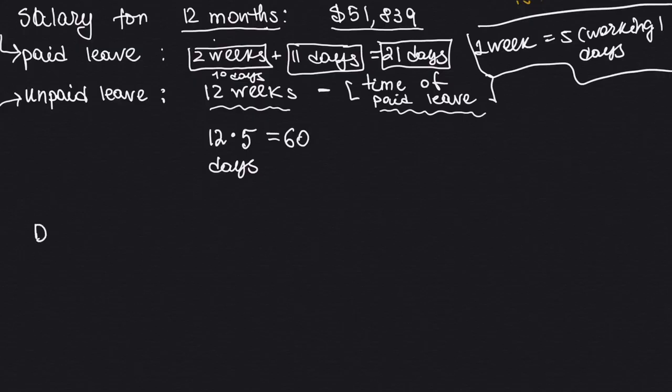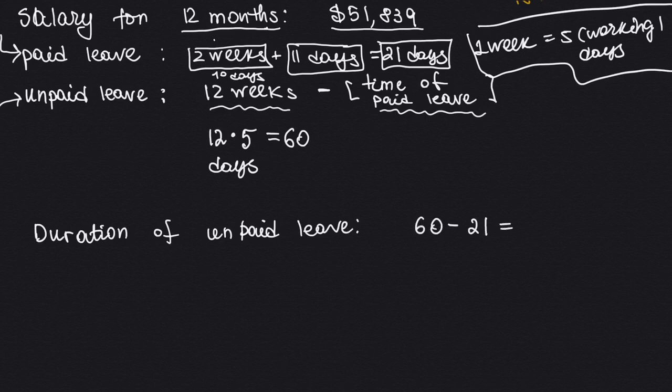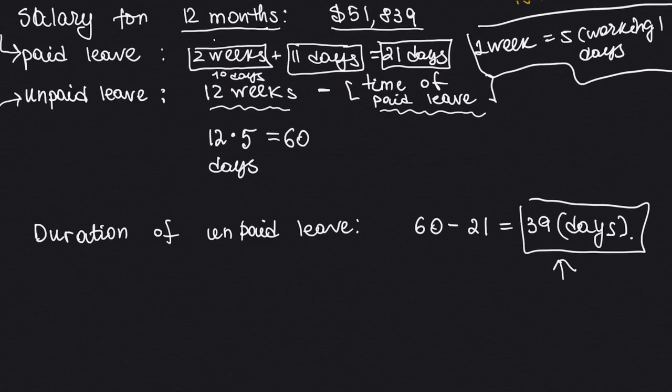So the duration of unpaid leave for Sam is going to be 60 minus 21, which is 39 days. So for these 39 days, Sam is not going to be paid. This is the money that Sam is going to lose, the money for the 39 days of leave that he's going to take.